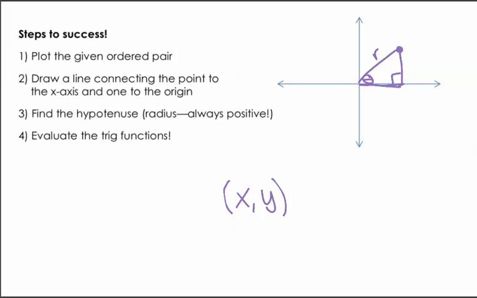If your ordered pair was in quadrant 2, you would draw straight to the x-axis and to the origin, and this would be our triangle. If you had a point in the 3rd quadrant, you would draw that line straight to the x-axis and then to the origin, still with that angle in the center. And finally, if you had a point in the 4th quadrant, you would draw straight to the x-axis and to the origin with that angle in the center.